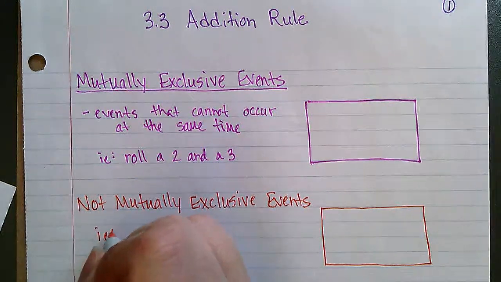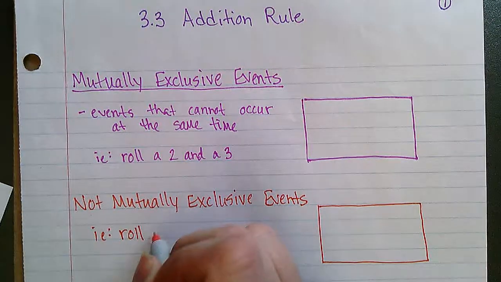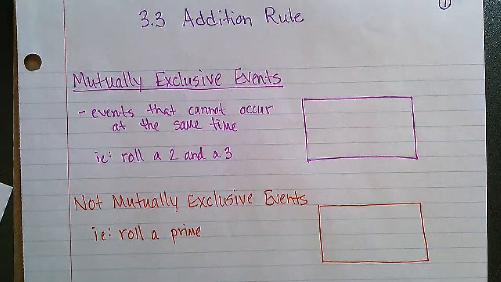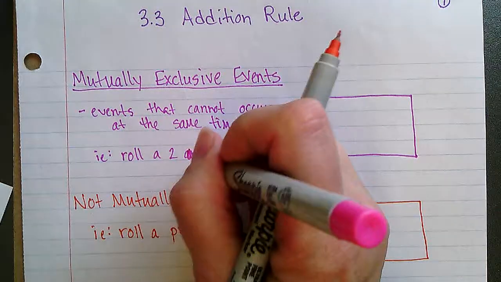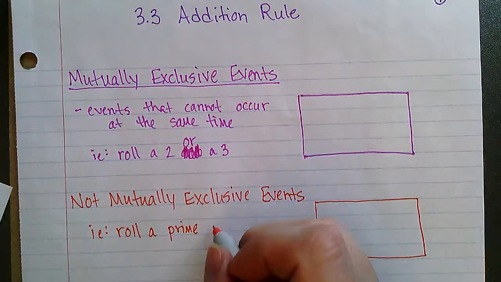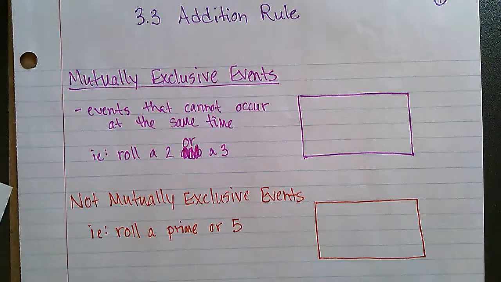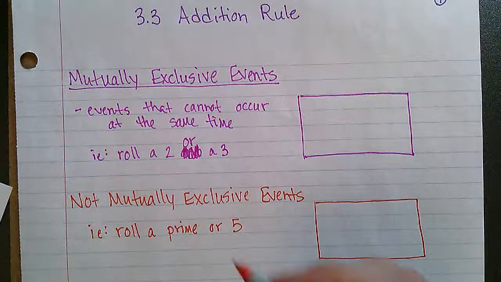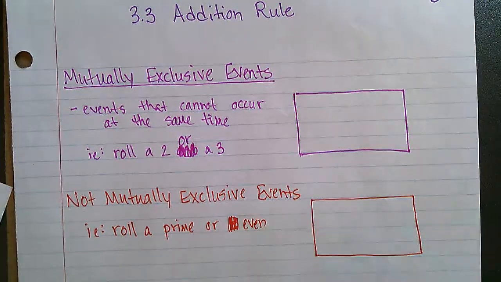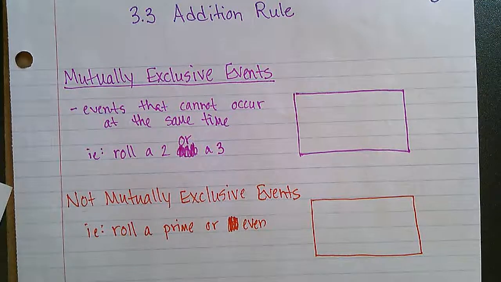So that would be, for example, I can roll a prime number. Oops, I wanted to make that or. Roll a 2 or a 3. I can roll a prime number or a 5. I actually have even on there. Roll a prime or an even number at the same time.